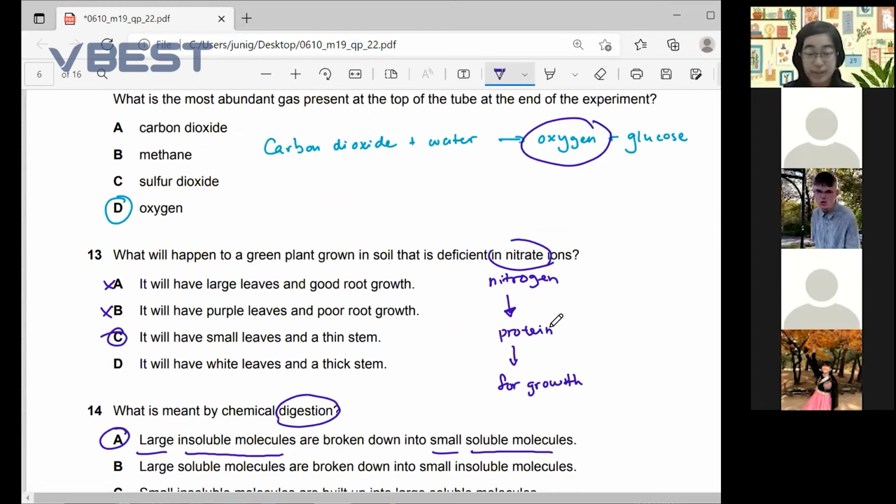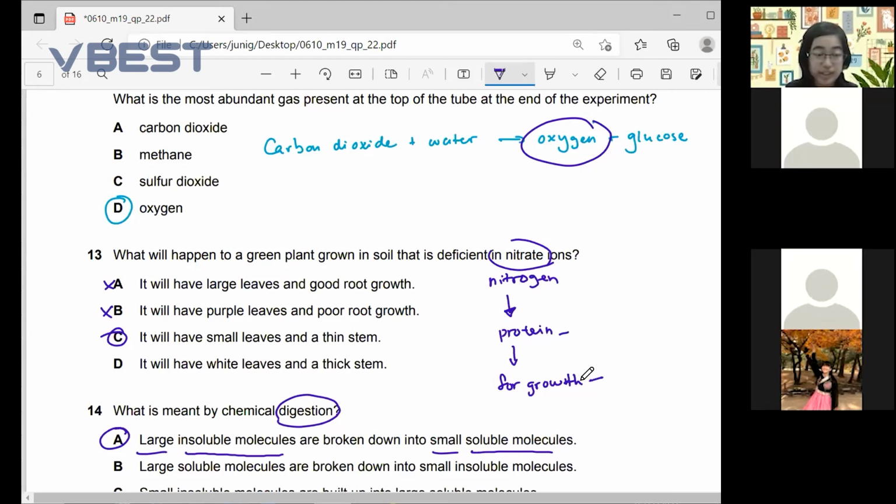It's one of the vital nutrients for growth. If the plant doesn't get enough nitrate, there isn't enough nitrogen element, it cannot make enough amino acids, therefore not enough protein, and so there will be stunted growth.